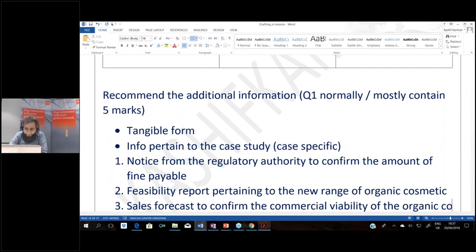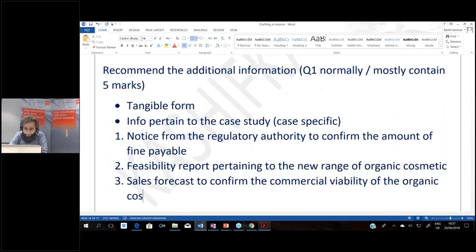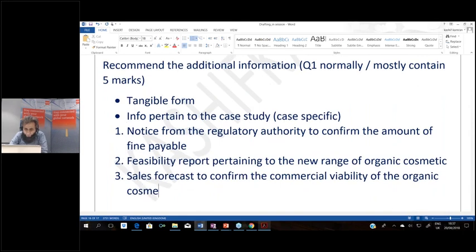So if the company is developing a new cosmetic, which they will sell in future, I'll be more interested in knowing the sales forecast of this new range of organic cosmetics. What's the commercial viability? I might be looking at the feasibility report. Was it feasible to make it?